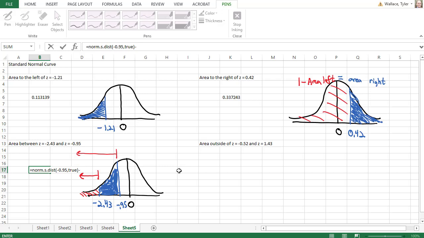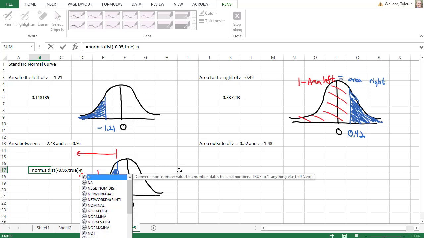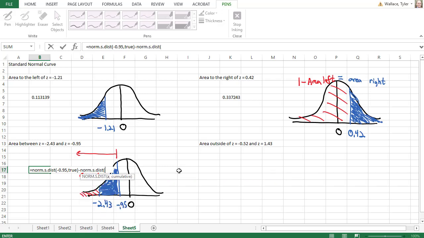So we're going to subtract off the part we don't want: NORM.S.DIST, everything past negative 2.43, comma, TRUE. And by subtracting those two values, it'll leave me with the area in the middle being 0.1635. The probability we fall between negative 2.43 and negative 0.95 is 0.1635.